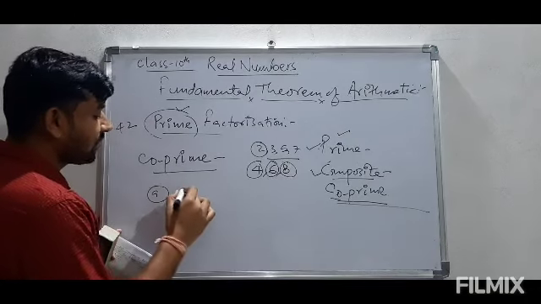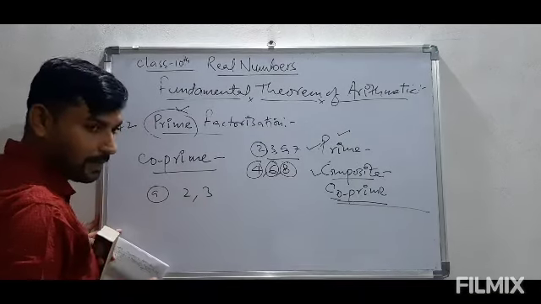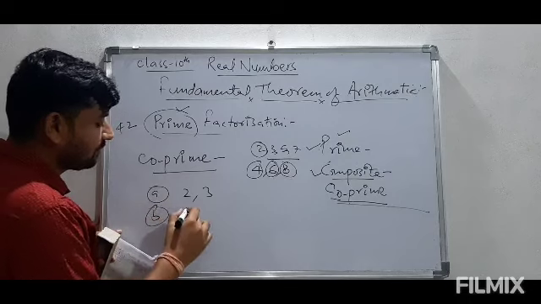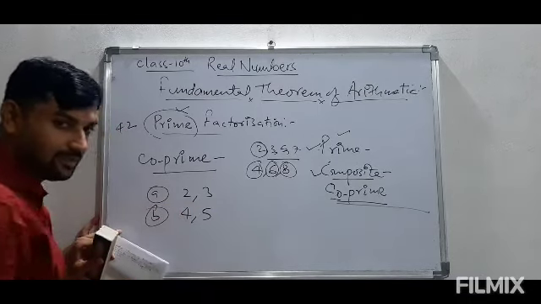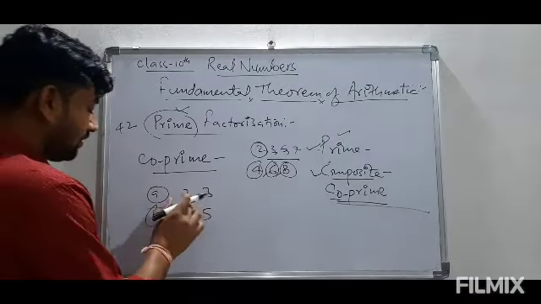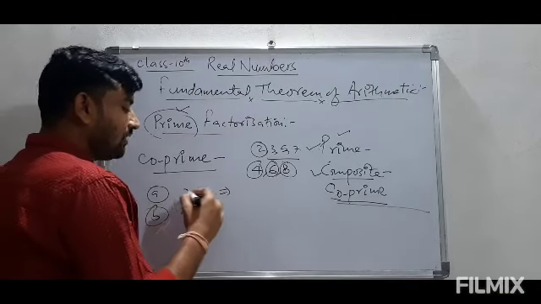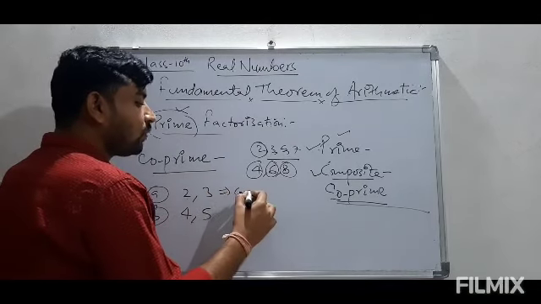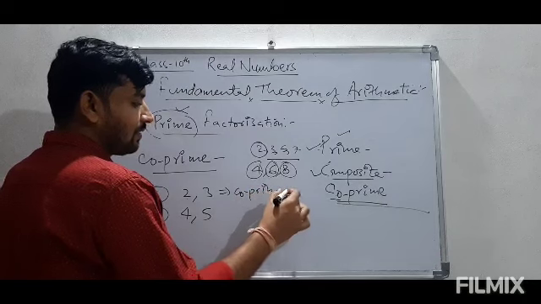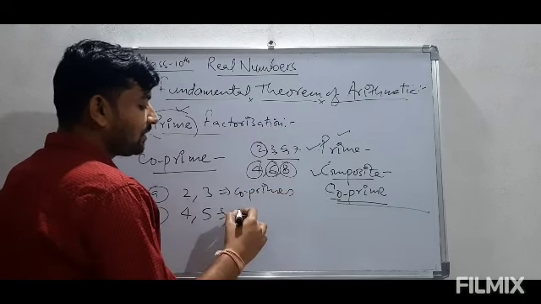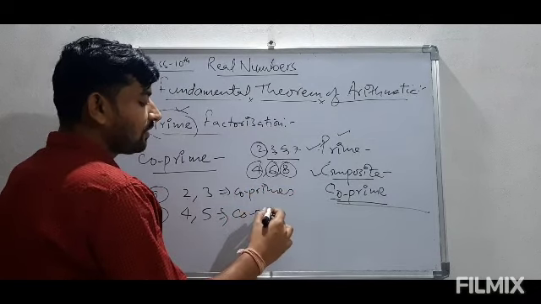For example, if we take 2 and 3, or if we take 4 and 5, these 2 and 3 are together co-primes. 4 and 5 are together co-primes. Why so?